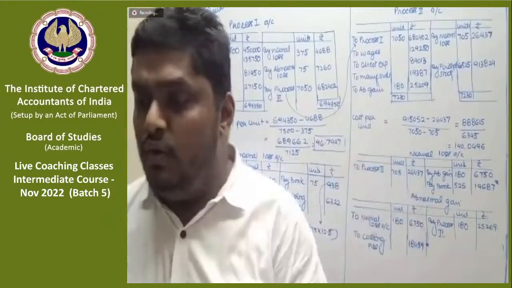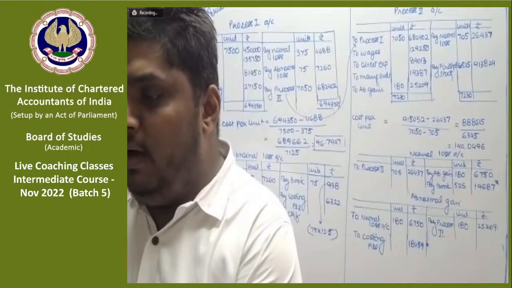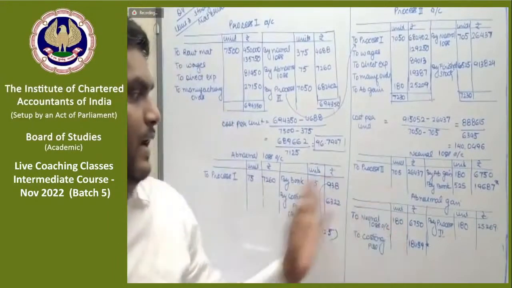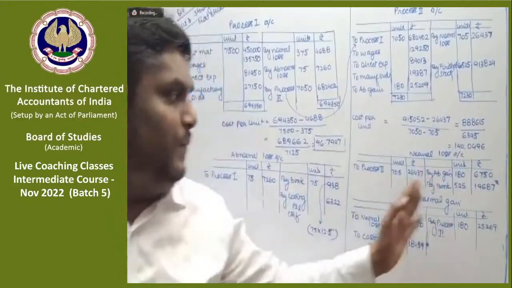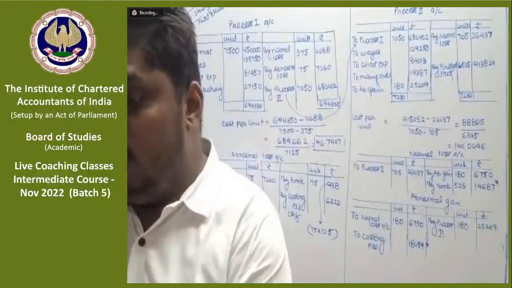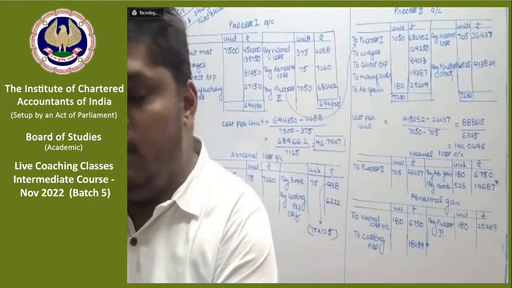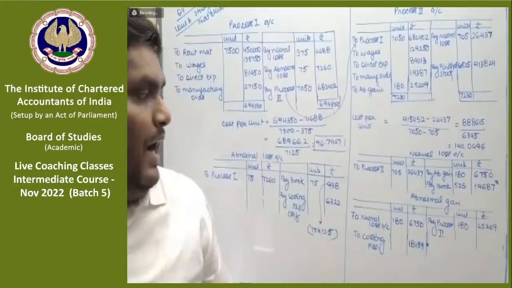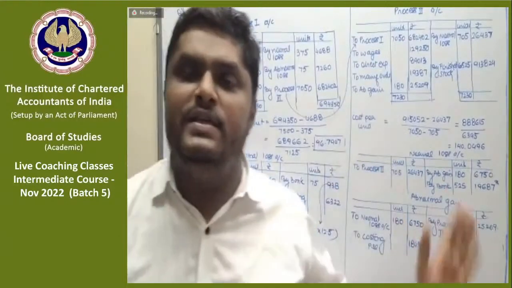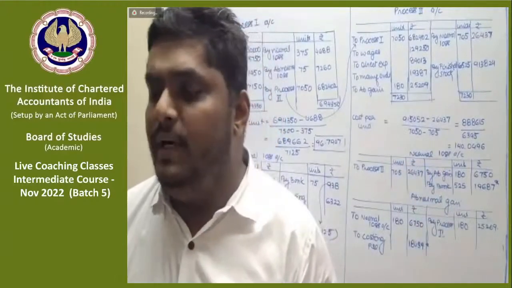I think in the study material, they have not prepared the abnormal loss and abnormal gain account. So I request you guys to please copy these statements. The same is not there in the study material.